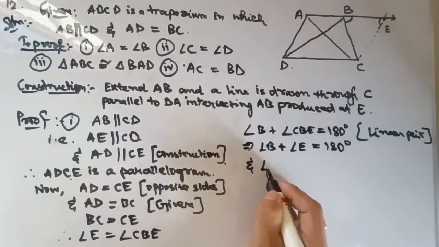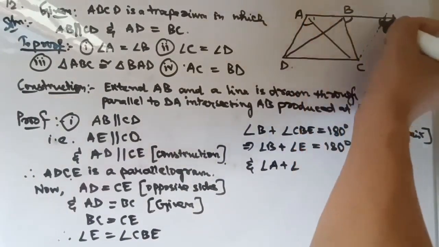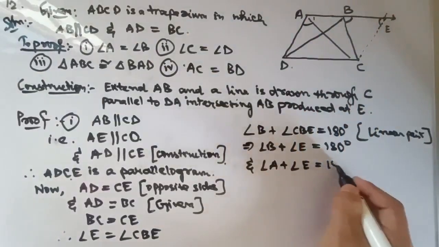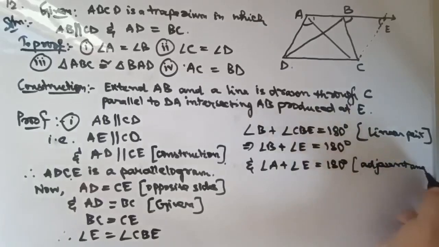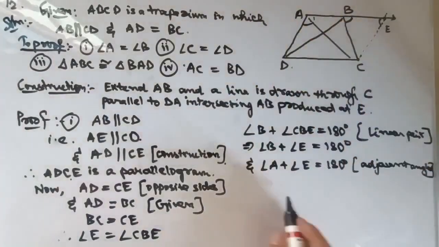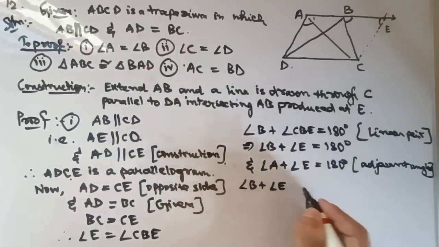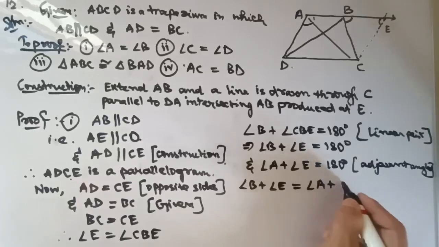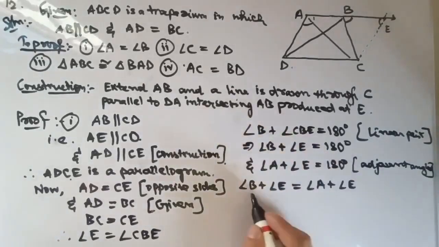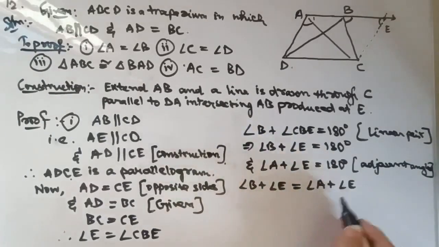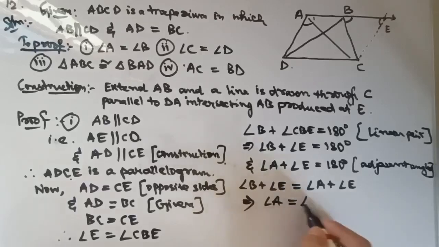And also angle A plus angle E is equal to 180 degrees, because these are adjacent angles of parallelogram ADCE. From these two, angle B plus angle E equals angle A plus angle E. From this, we can conclude that angle A is equal to angle B.